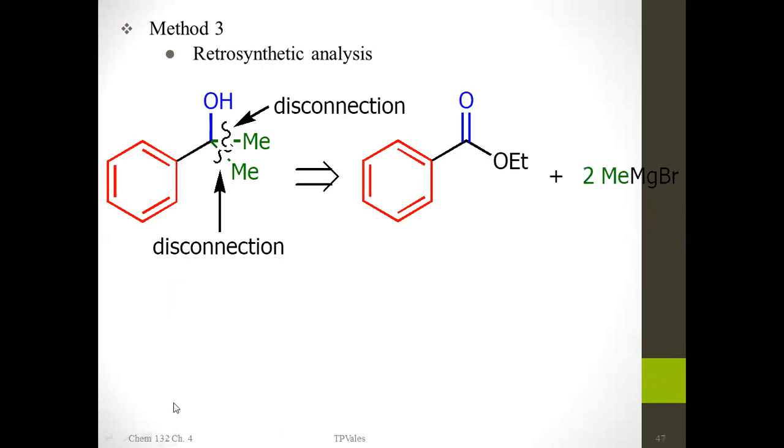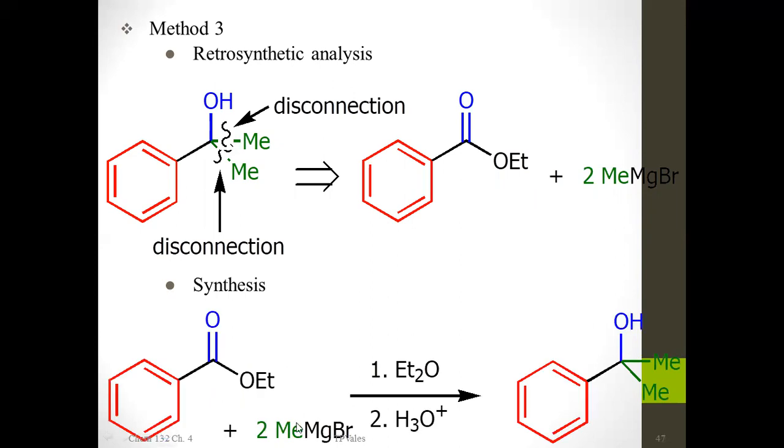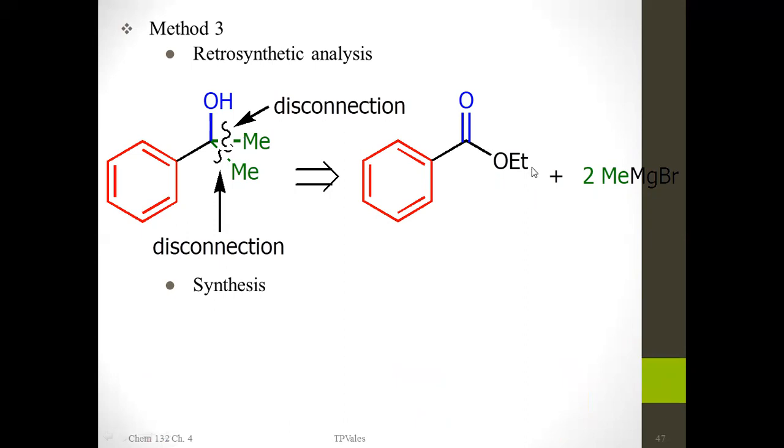Another method is this one. You can do the disconnection here, and you just have to use 2 moles of your methyl magnesium bromide. So you do 2 moles of that. So the synthesis first is you start with an ester like this one. If you use 2 moles of your Grignard reagent, actually you can start with an ester.